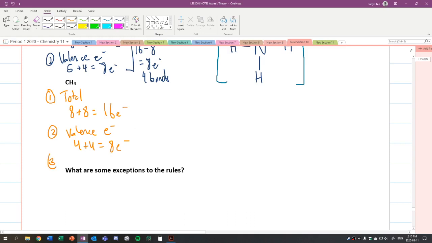So that means number 3, we should expect 16 take away 8 electrons in the bonds, which is 4 bonds. So again, symmetry, carbon in the middle, hydrogen around it. We just used up all of our 8 valence electrons, but if you look at it, hydrogen has a full shell, carbon has a full shell. This is the Lewis structure of methane gas, which is CH4.